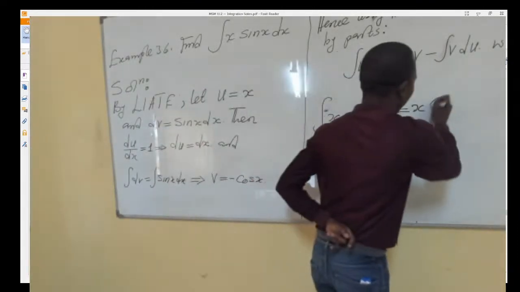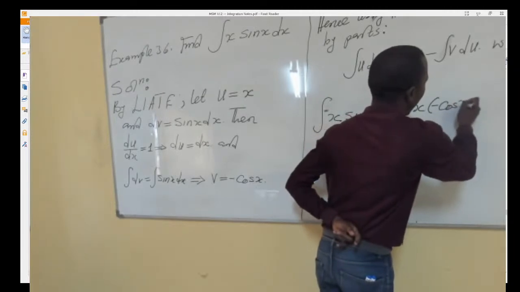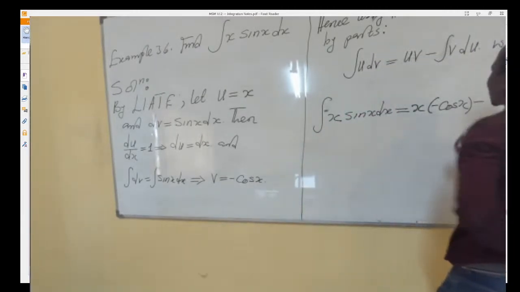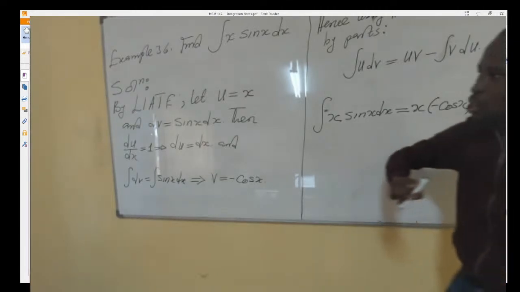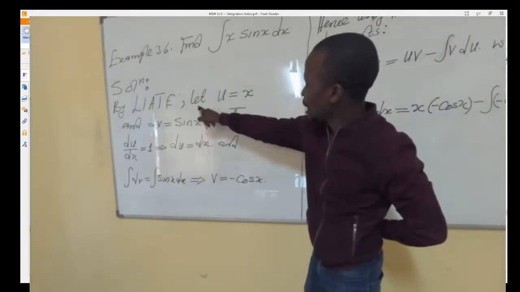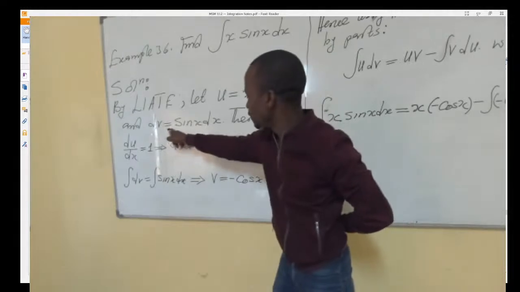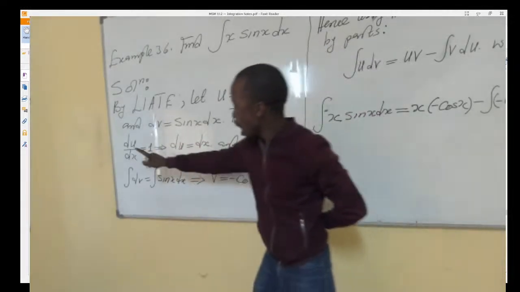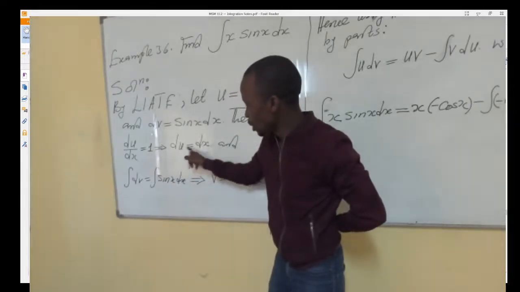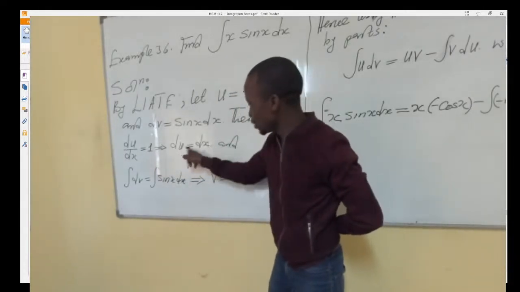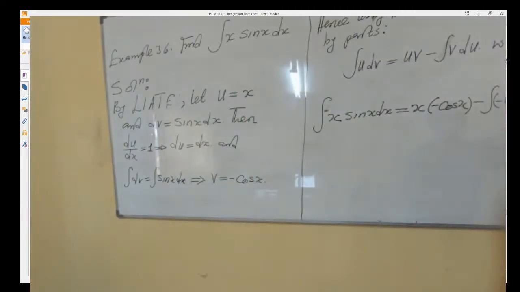Then minus the integral of v, where v is the negative of cos x, times du. What is your du? If we go back, we said let u be equal to x and dv equal to sine x dx, then du dx is equal to 1. This implies that du is equal to dx.